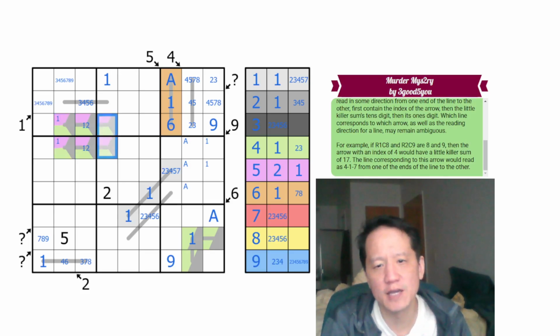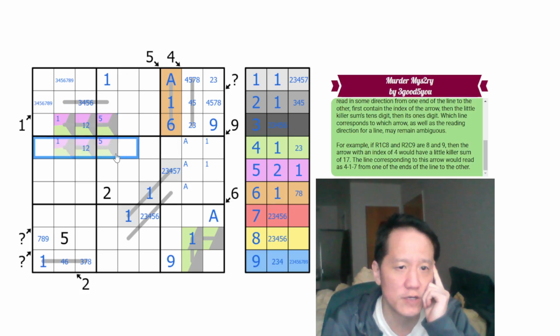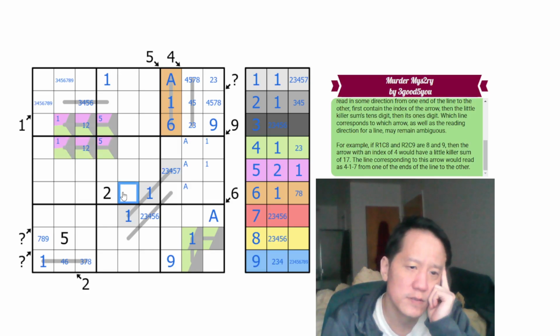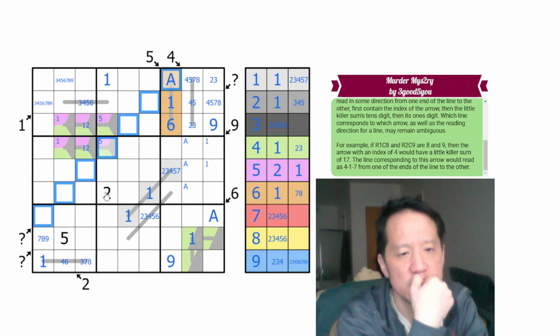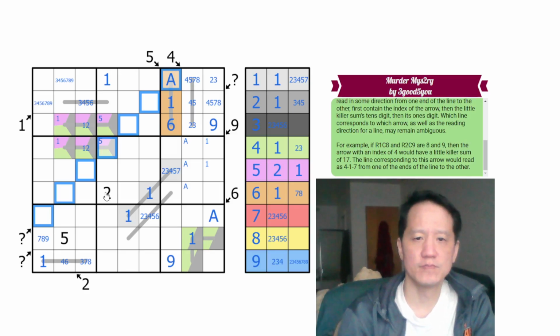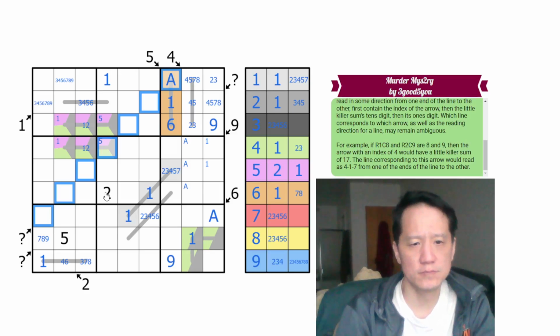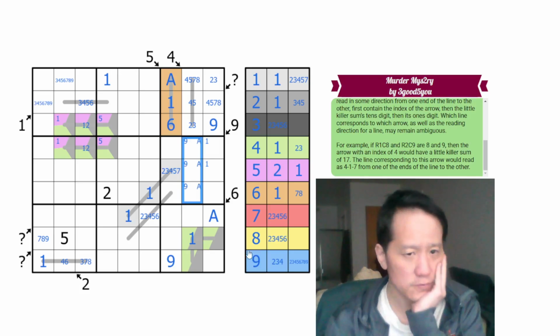So, sorry, that can't be 5. So one of these has to be a 5, right? Because it has to be 5, 2, 1. So 9 also has to be one of these digits.